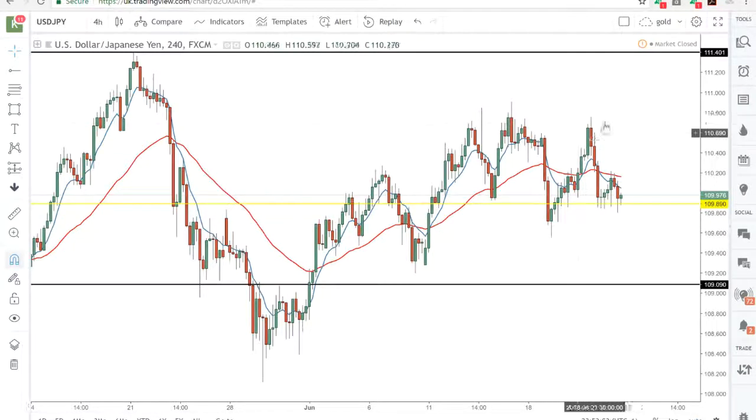Again, this is a lower high, again melted, hasn't quite made its new low yet, but moving averages holding price down.